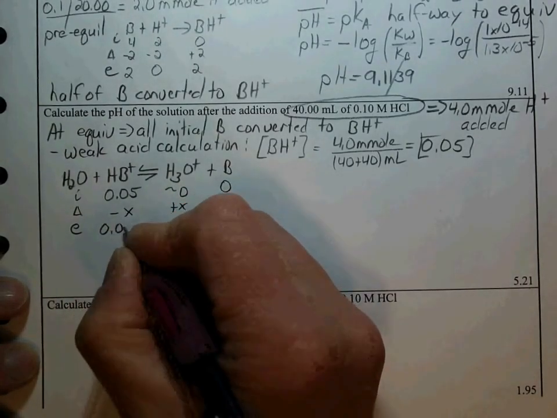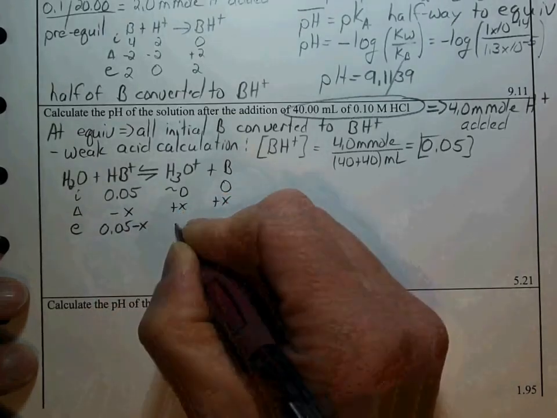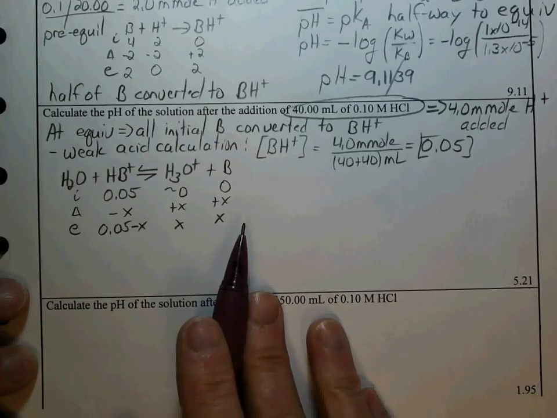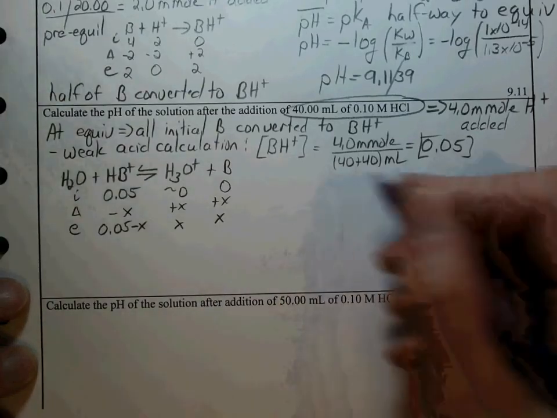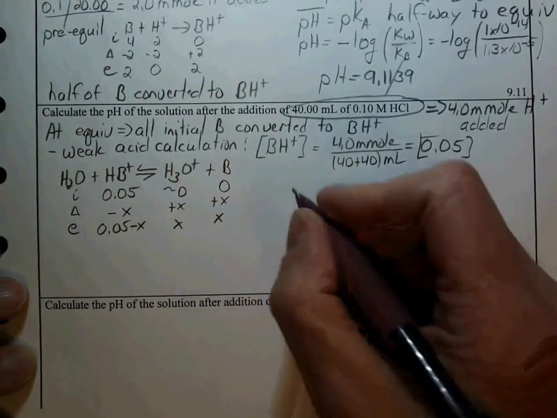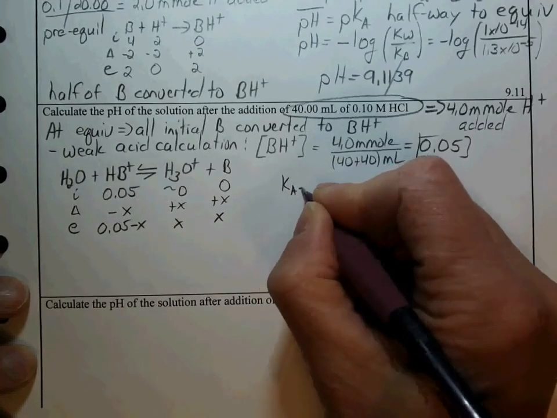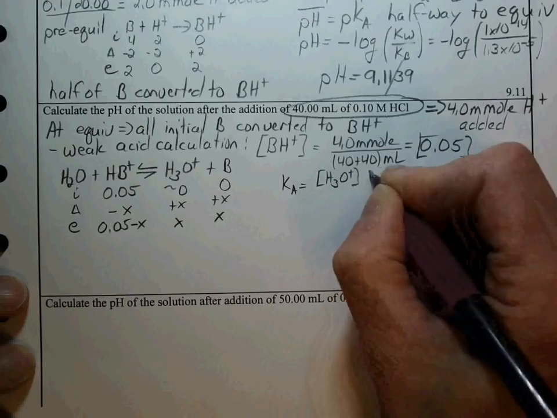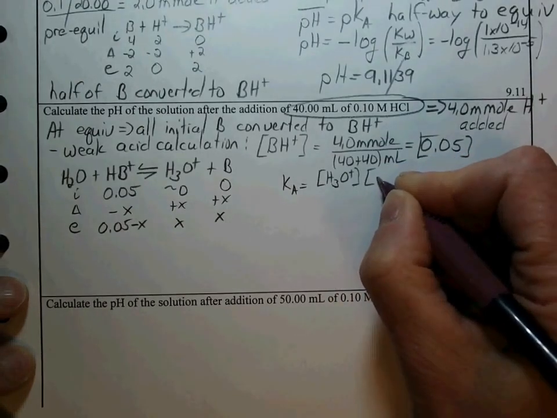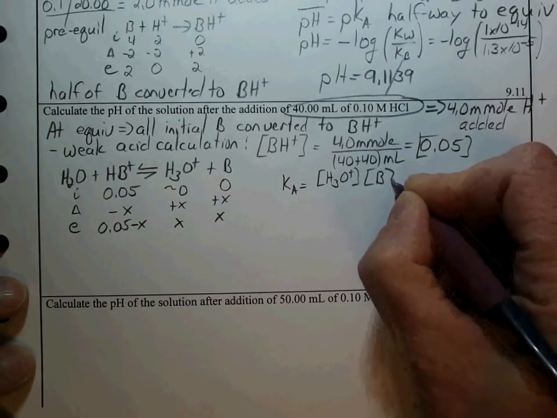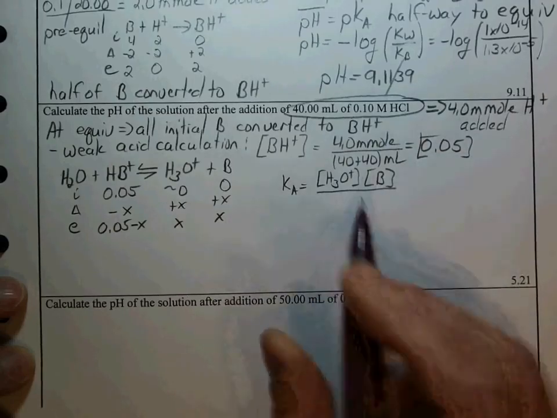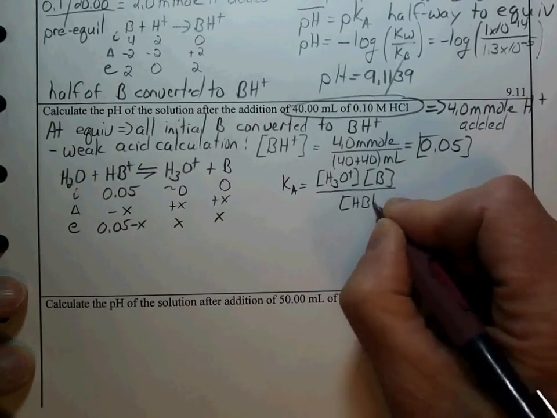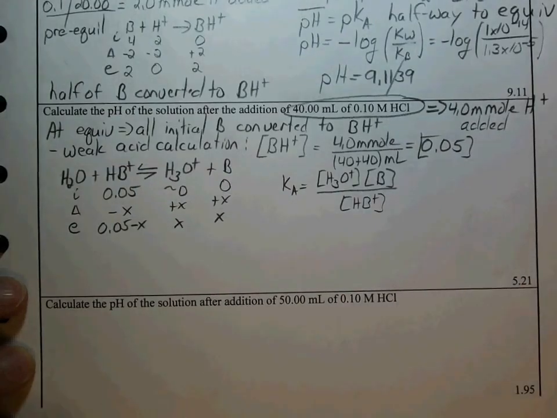So this is 0.05 minus X, X, X. And now we use our equilibrium expression, where Ka, since this is a weak acid, is going to be H3O plus times our base, our products, over the concentration of our reactants.